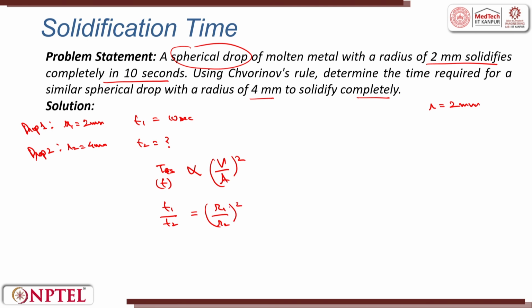Using this, just calculate the value of T2. The answer would be T2 is equal to 40 seconds. You will find this solution in the lecture notes. First try to solve it by yourself, then I would suggest you go through it.